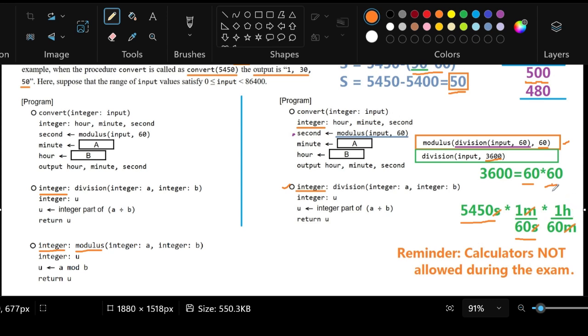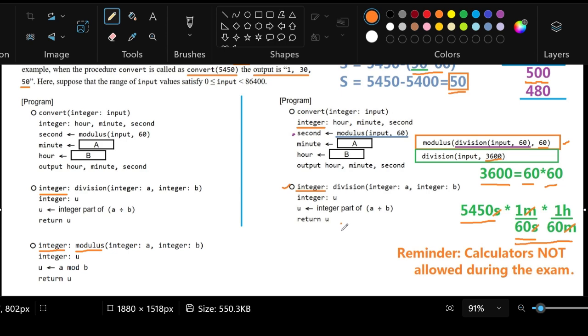Now, if we use the division function in the program, that would be something like this, where we got 60 times 60, put them together, you get 3600 in this way already, similar with this one. And the output, when we divide 5450 by 3600, is 1.